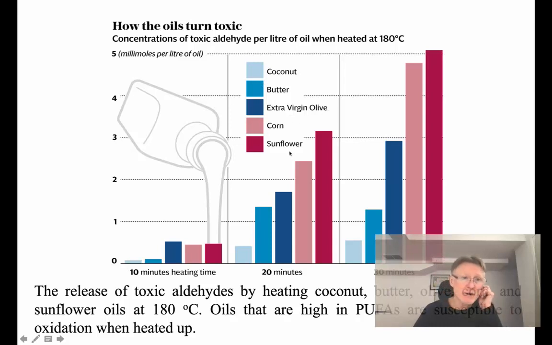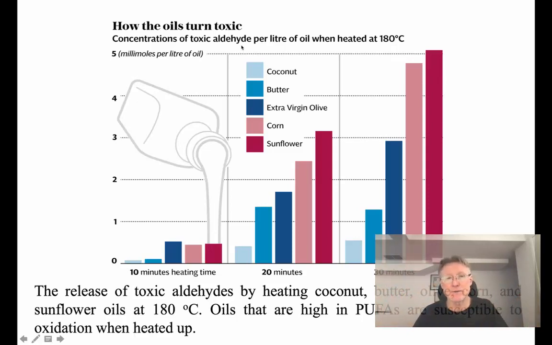What we have here on the left is the release of toxic aldehydes by heating up these different oils. At 180 degrees, all these oils were put in a frying pan and heated, and then they measured how much of these toxic aldehydes comes out.